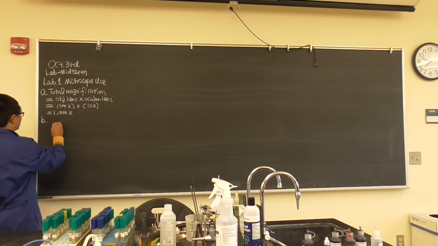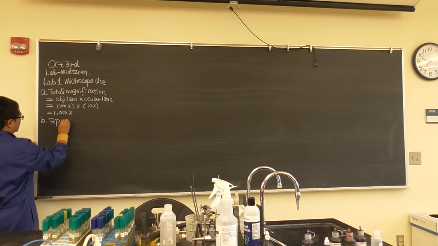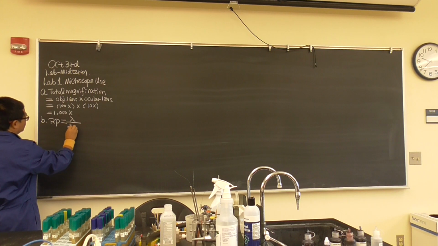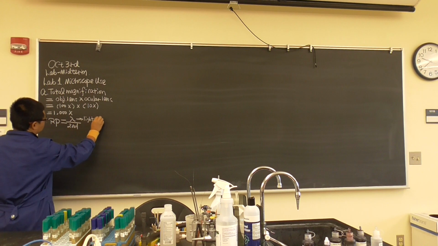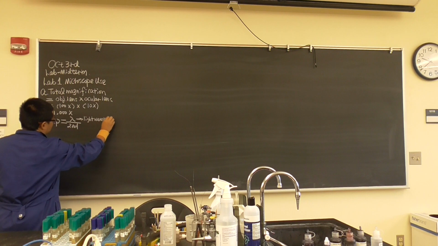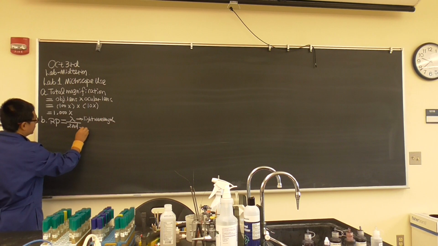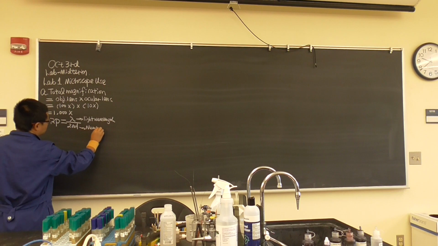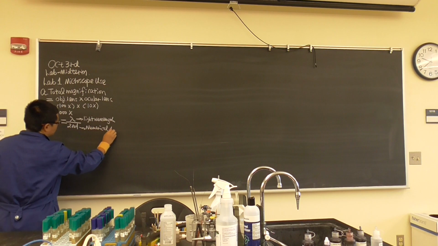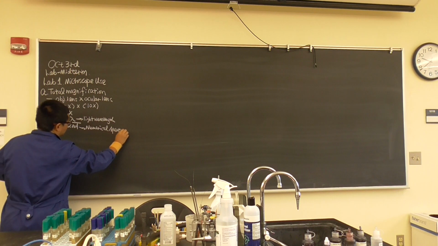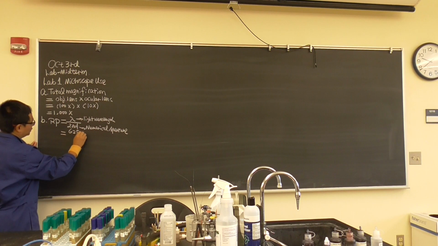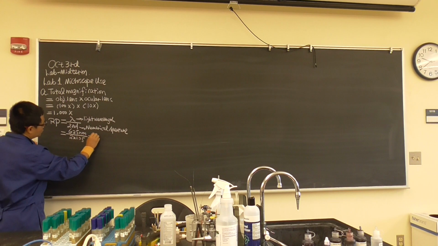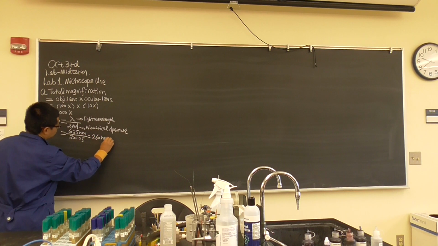The second one, we want to talk about resolution power. It equals lambda divided by 2 NA. Lambda is the light wavelength, and NA is the numerical aperture. We did the calculation with the material we are using here: 625 nanometers divided by 2 multiplied by 1.25 equals 206 nanometers.